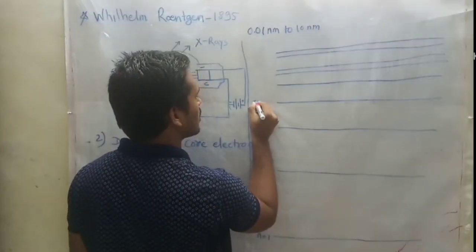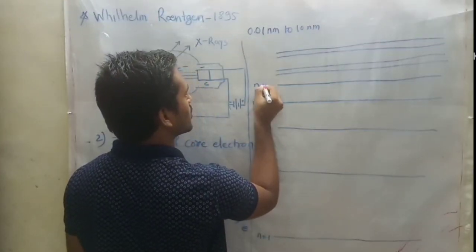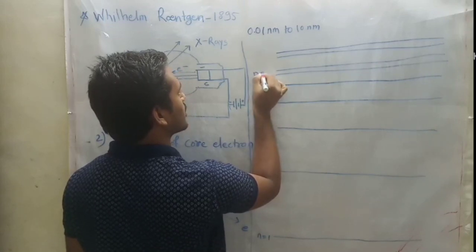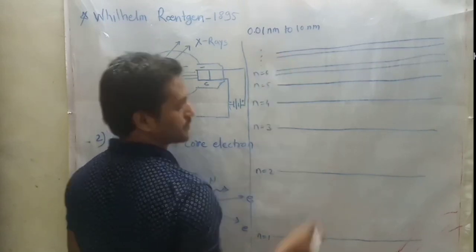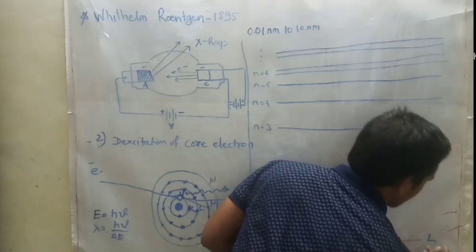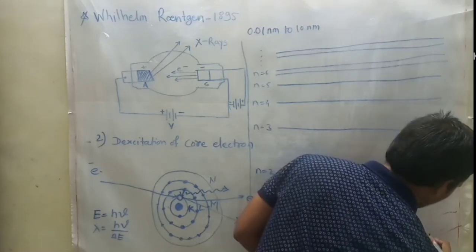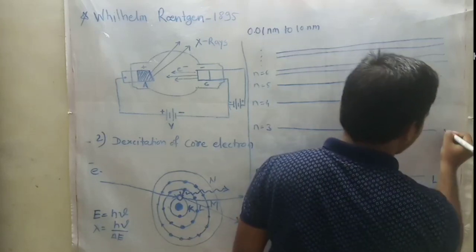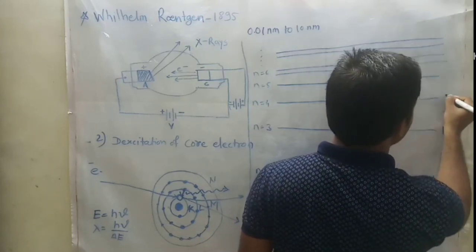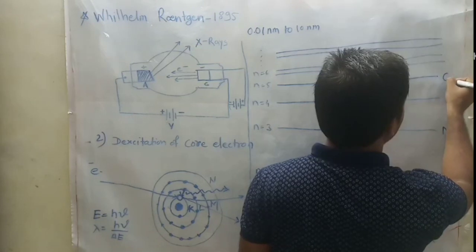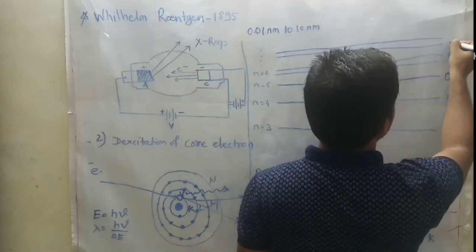To n equals 3 level, n equals 4, n equals 5, n equals 6, and like that. Here this is the K shell, L shell, M shell, N, O, P, and like that.